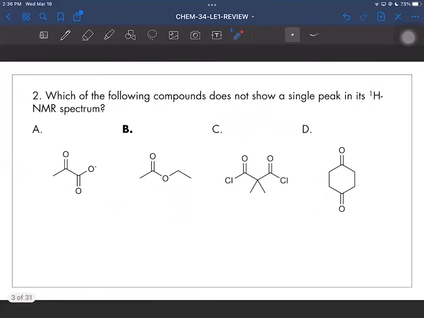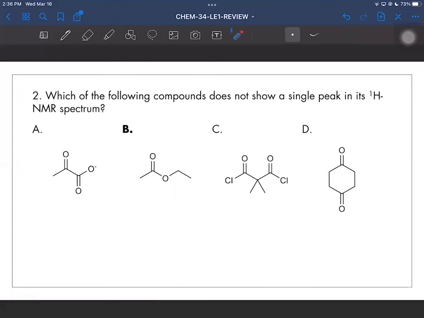So for the next problem, which of the following compounds does not show a single peak in its H-NMR spectrum? So we have to identify now which of the following compounds has more than one type of proton sa kanyang compound.